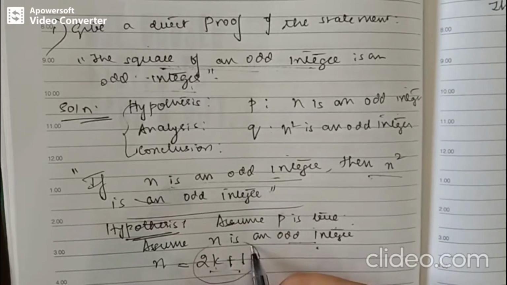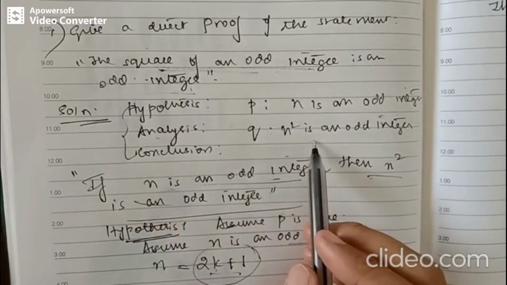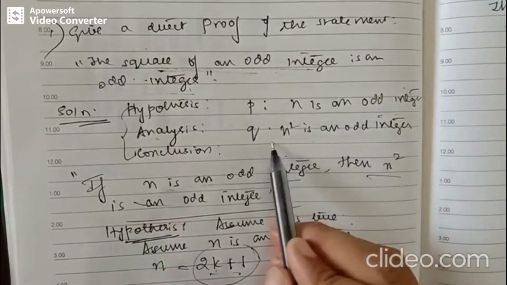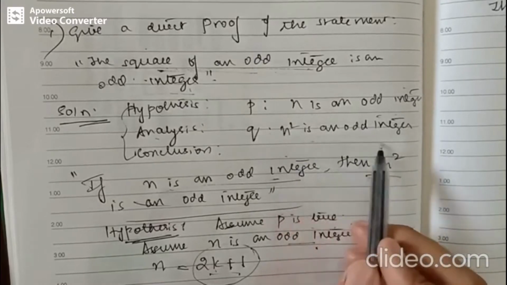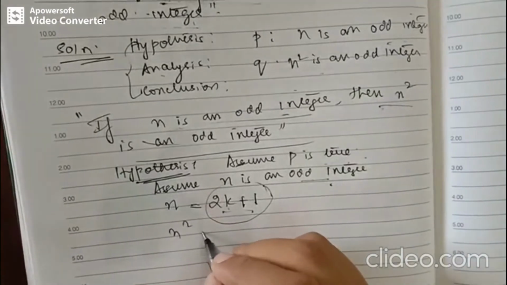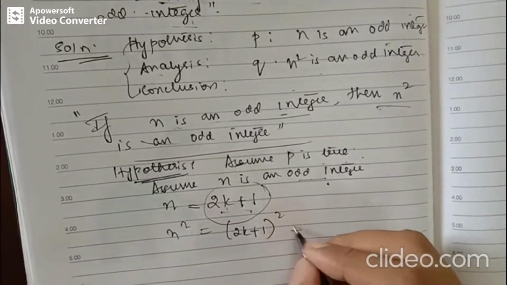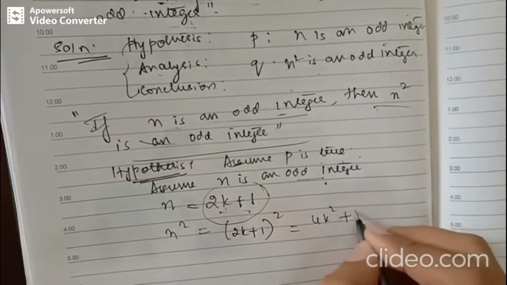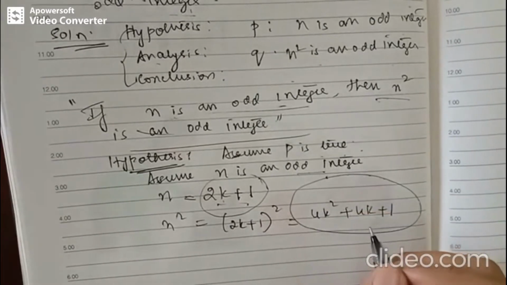Next, in the analysis portion, we are going to apply rules and laws of logic and infer that Q is true, that is, n squared is an odd integer. So let us find n squared from this. What is n squared? n squared is 2k plus 1 the whole squared. It's nothing but 4k squared plus 4k plus 1. This term is exactly an odd integer, right?